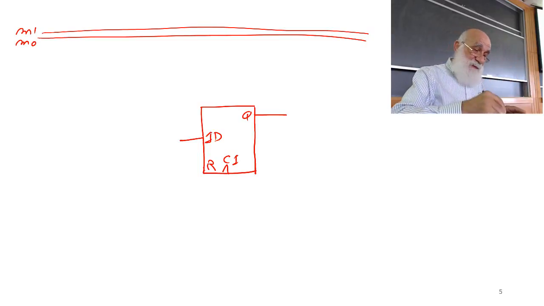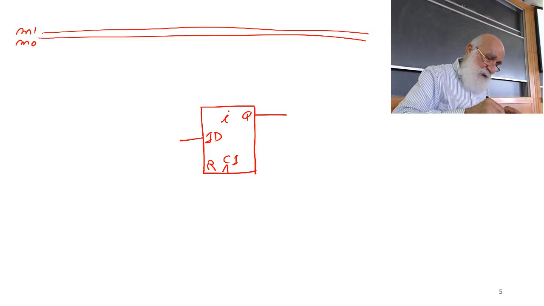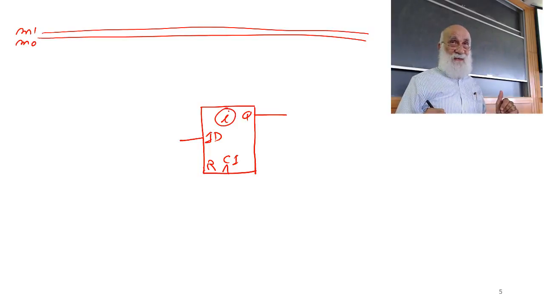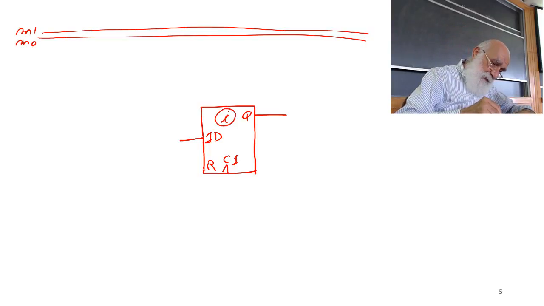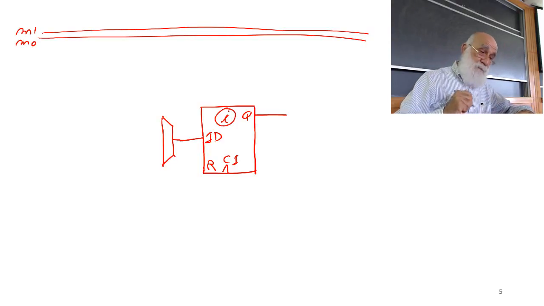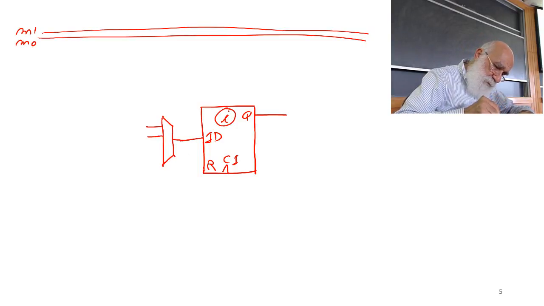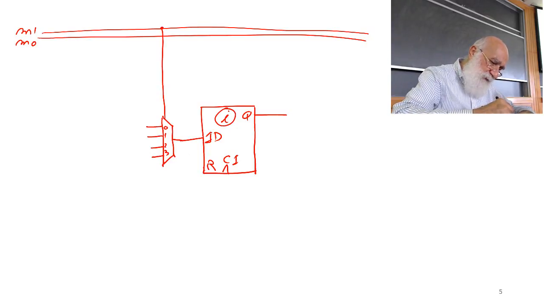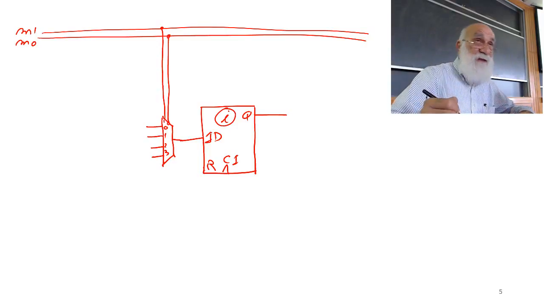All right, each one of the bits, let's say bit number I of my shift register, works like this. It has a multiplexer. A 4-to-1 multiplexer. M1 is the most significant select input. M0 is the least significant select input. Okay?